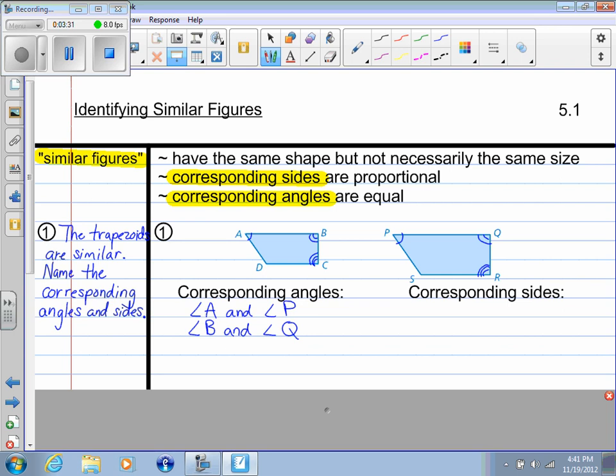So I can see that angle C corresponds with angle R. And the last one I'm going to mark with 4 marks. That would be angle D. And its matching angle in the other trapezoid is angle S. I'm going to mark that the same way.